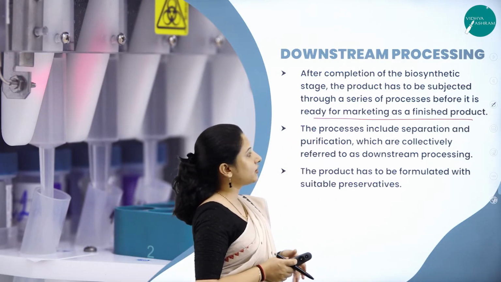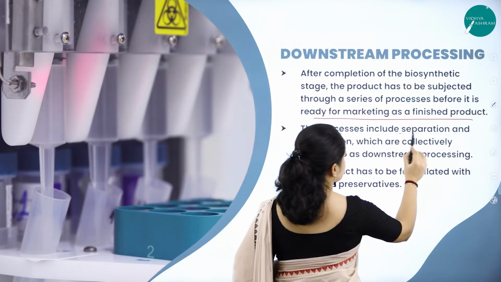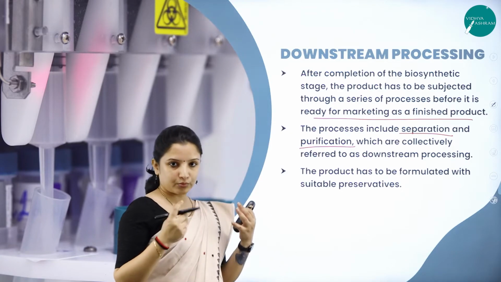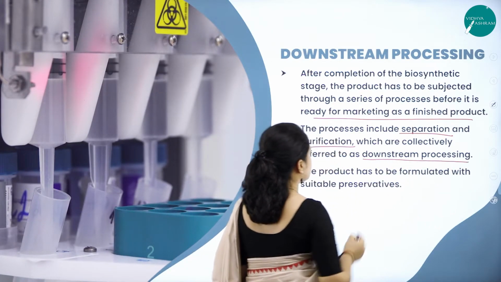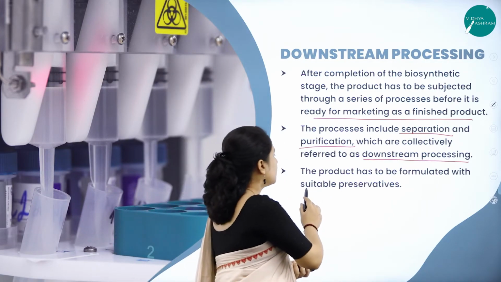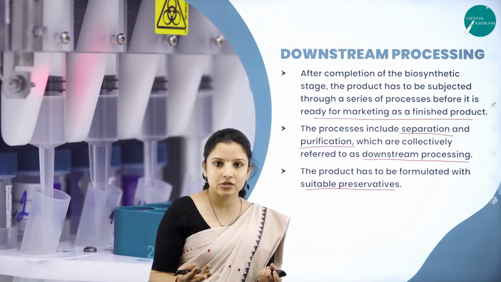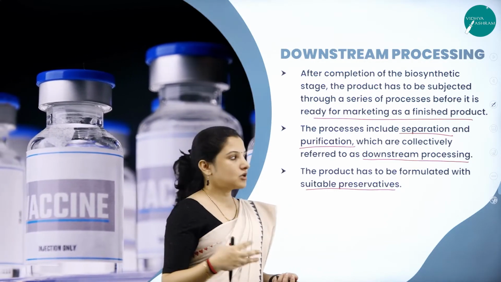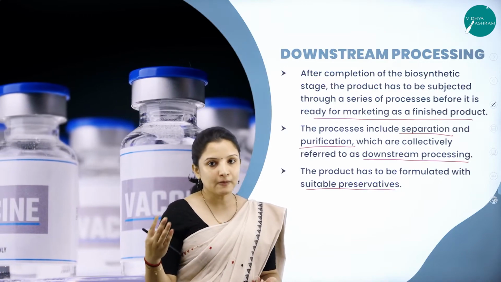It includes separation and purification, and these two processes together are called downstream processing. The product has to be formulated with suitable preservatives, because they are also proteins which may get denatured later on after long storage. So that is why suitable preservatives need to be added before they are marketed.